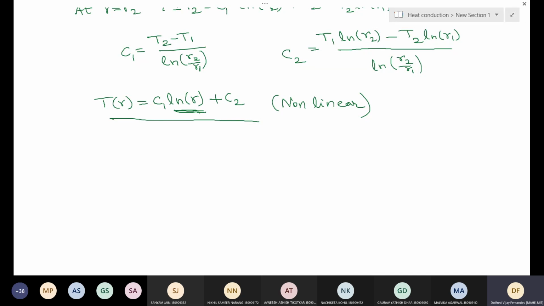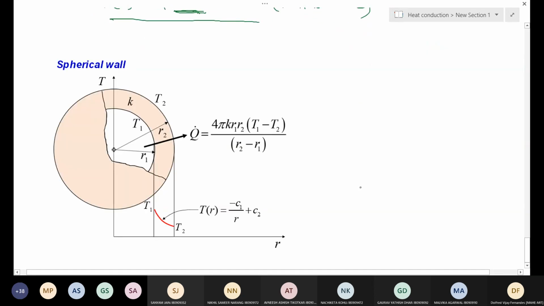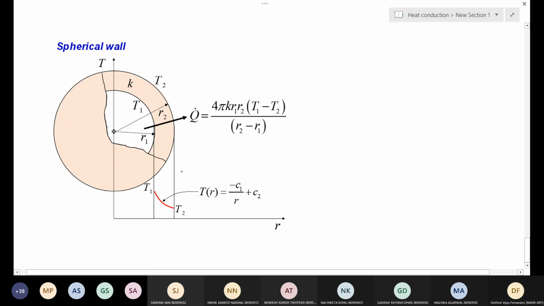Okay, now finally we will go to the spherical wall. In the spherical wall, you can draw this in the notes very easily. You draw a circle. It's difficult for me here, so cut out some portion of the sphere like this and then show the inner wall.